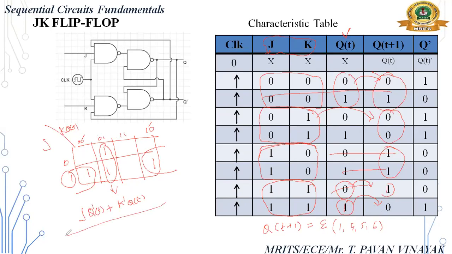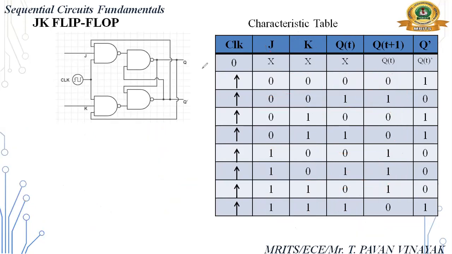So this is the characteristic equation of JK flip-flop. Once again, I am saying up to 1 0 it acts as SR flip-flop only, so the characteristic table is the same as SR flip-flop. For J equal to 1, K equal to 1, the output will be the complement of Q of t.